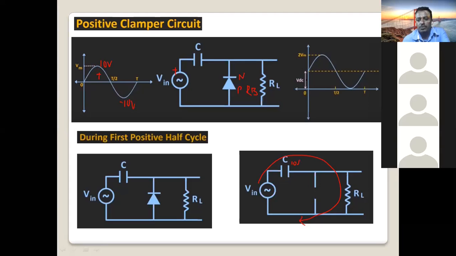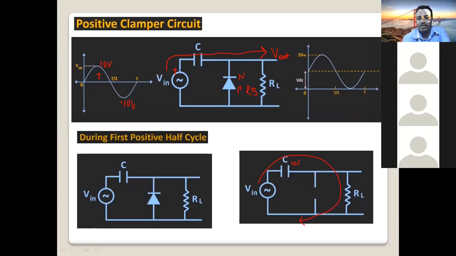What will be the output voltage here, V out? That is the question. The output of this clamper circuit: the diode is off because it is reverse biased. So you see here, the input is connected through the capacitor to the output. How much voltage do we have here? One input, one capacitor.